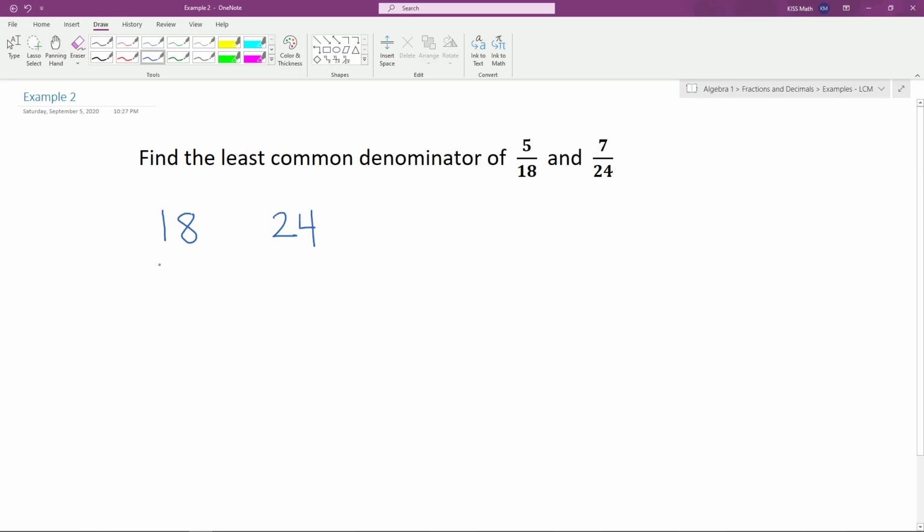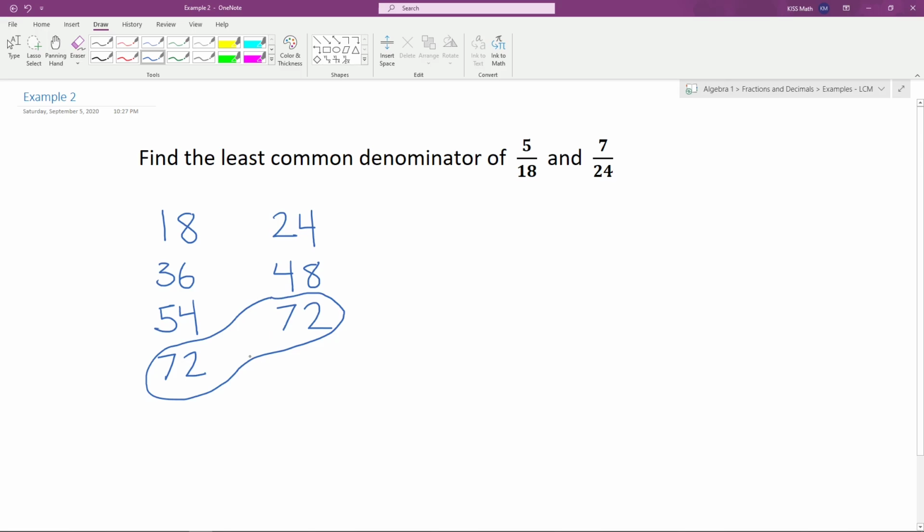So we have 18, 36, and 54, and 72. And you can punch these in the calculator to verify that. 24, 48, and 72 are the multiples of 24. And we found our first common multiple. So this becomes our least common denominator.